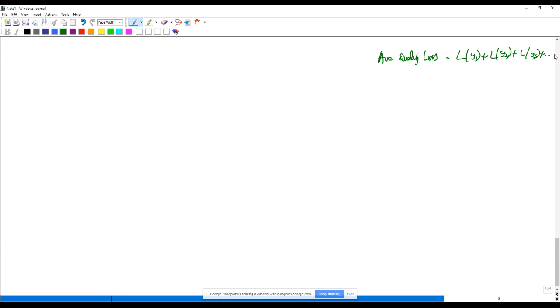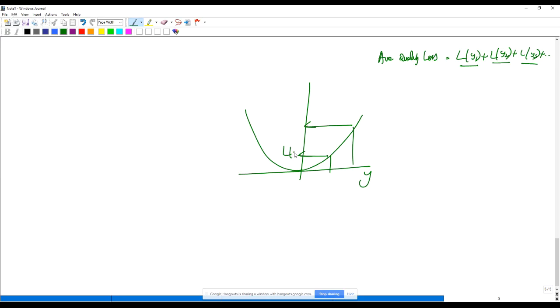So the point is, these are instances. See, this is what we say as Y, and then this is your quality loss. So this is Y1, this is Y2. So there are similar losses here, L of Y1, L of Y2, like that.